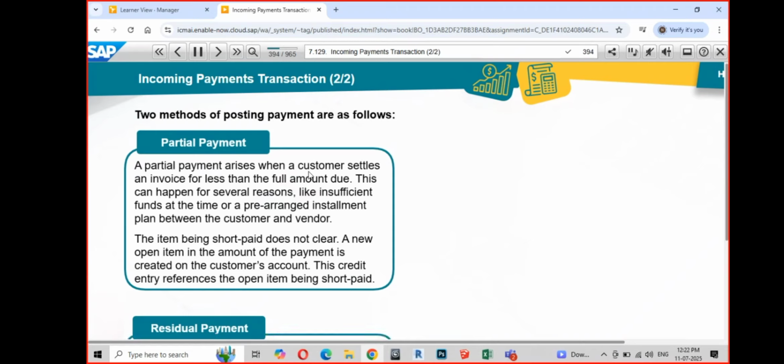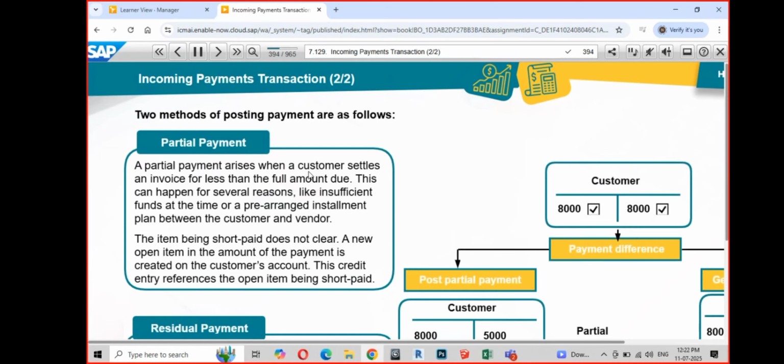Do you release the payment of 1 lakh in one shot? May not be. You may or may not. So you may pay it in installments. Suppose I make a payment of 50,000 rupees now against a 1 lakh invoice. This is called a partial payment.